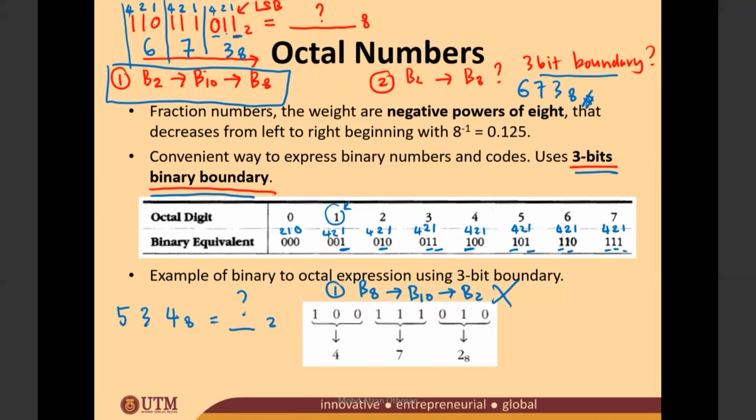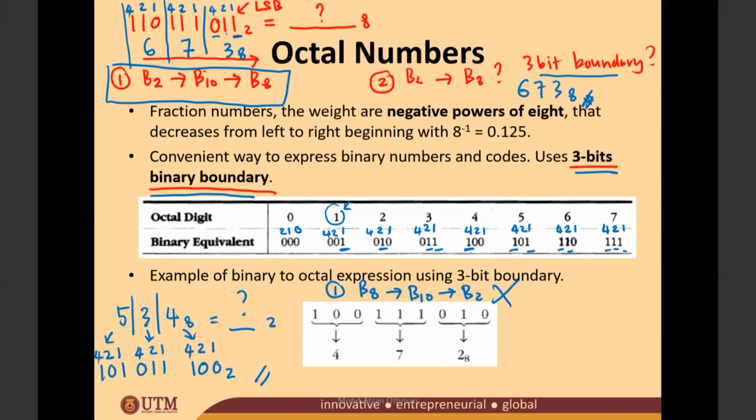How to do it? Okey, kamu ada 3 grup ni, 4, 3 dengan 2. Okey, kamu buatlah. 1, 2, 4. 1, 2, 4. 1, 2, 4. Okey, so setiap ni ada 3-bit boundary. Okey, 4. Macam mana nak dapat 4? 1, 0, 0. 3, 0, 1, 1, 5. 1, 0, 1.